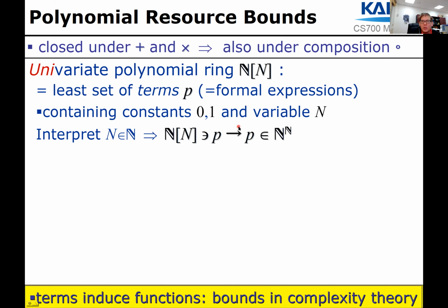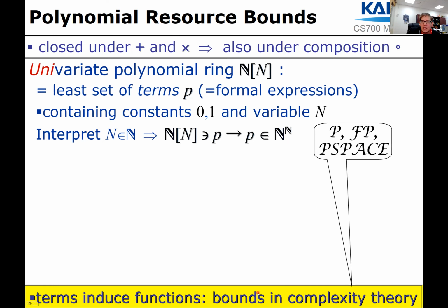Okay, these are univariate polynomials, and these are the ones that you are used to in classical complexity theory with the complexity classes P, FP, and PSPACE. Now we also have talked about parameterized complexity in the discrete setting, where we measure the computational cost in terms of two parameters.